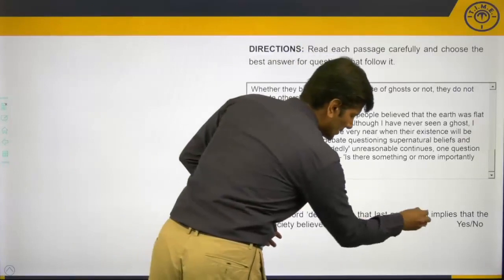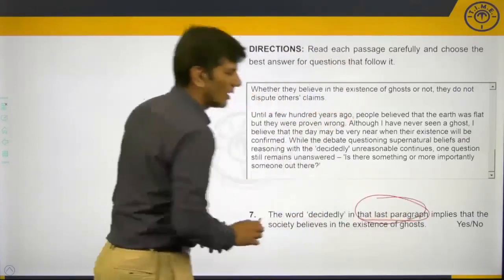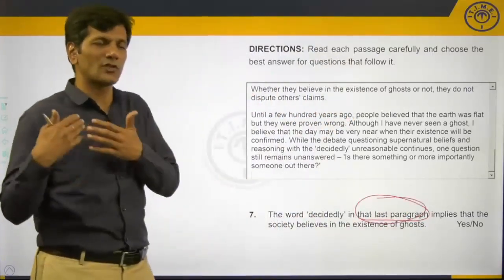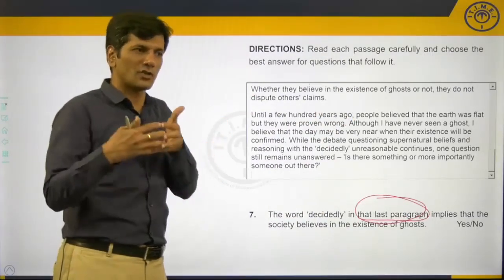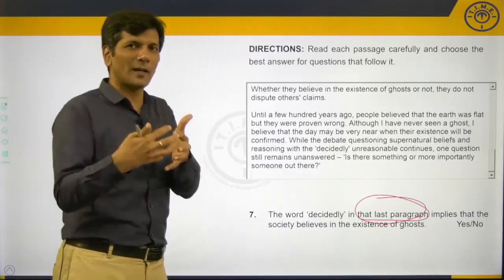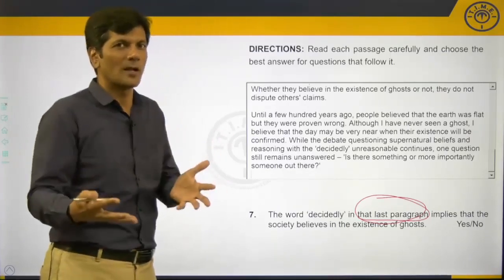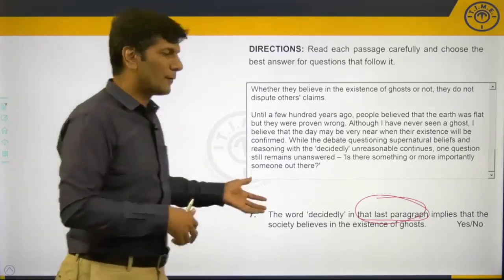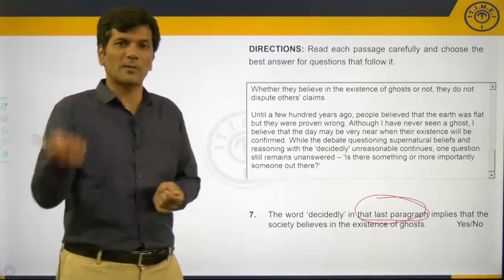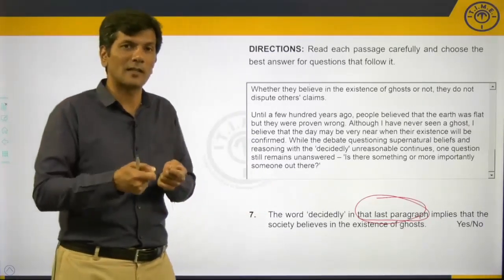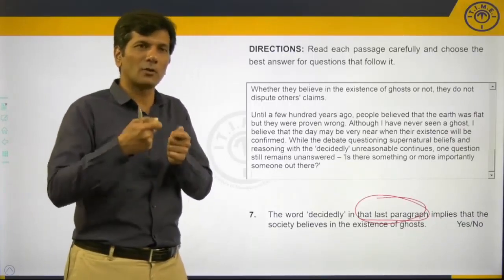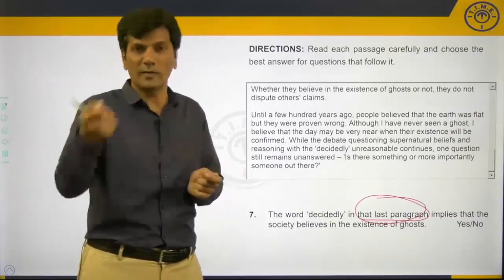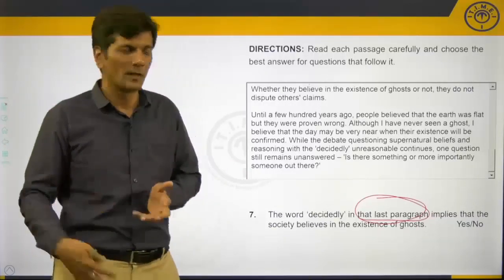One reference is, it is talking about the last paragraph, so you just have to go straight away to that particular point of your passage. So this is surely a specific detail related question. But let's also see if we need to make an inference based on a specific detail. A little while earlier, we did discuss that inference questions are two kinds. Either you could be expected to draw an inference from a specific detail or from the passage as a whole. Let's see what it is.